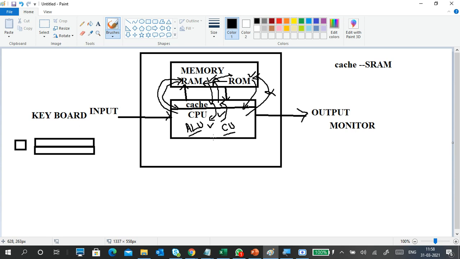They don't load any data into the CPU directly. Anything goes through RAM only. So when you give an input, it goes through RAM to the CPU only. So cache plays a very important role in CPU processing.